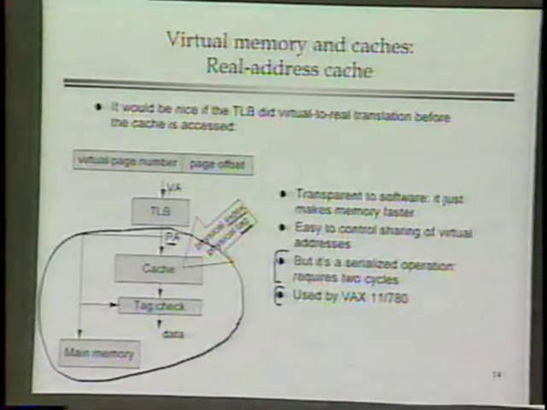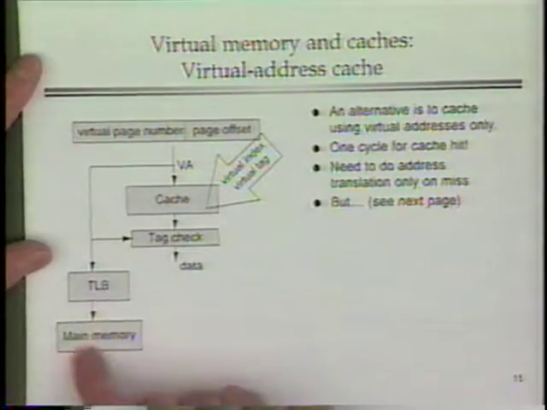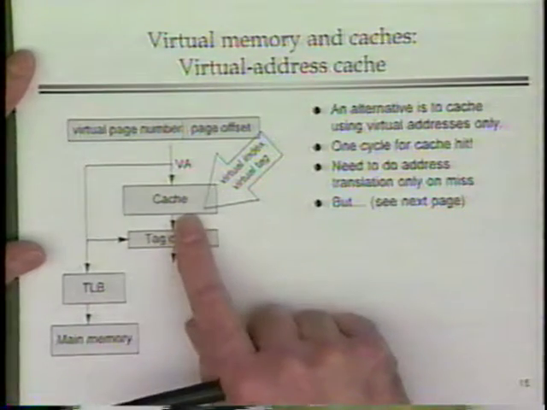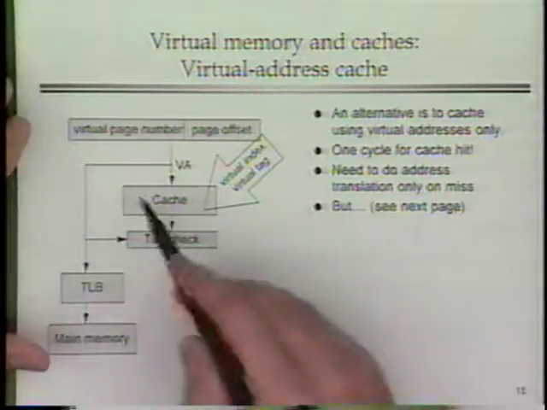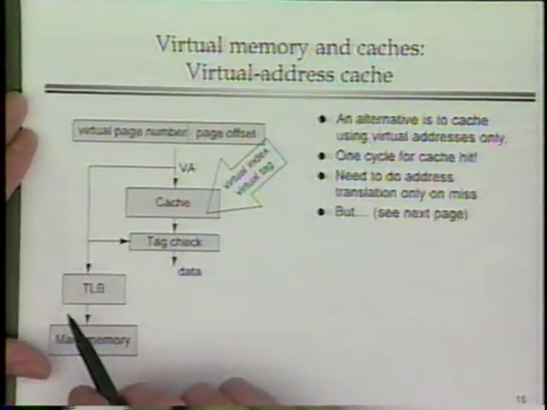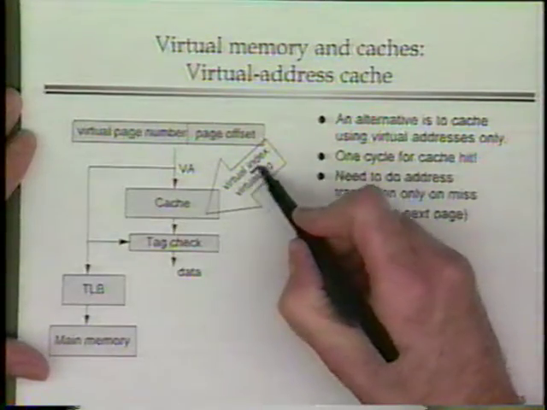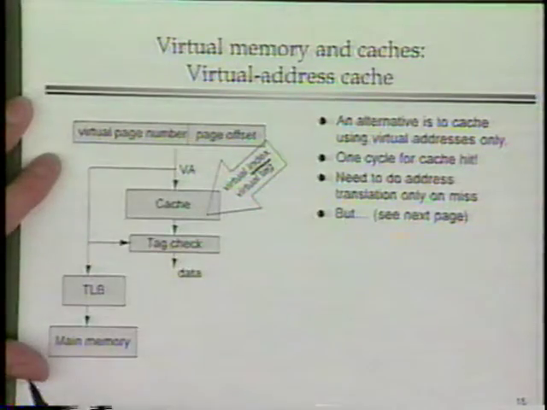So what can we do about that? Well, one thing we can do is to do the cache first, and put the TLB, the translation process, in front of main memory. And that means that what we're storing in the cache is all based on virtual addresses. We take the virtual address, and we look that up in the cache using some number of its bits, which may or may not correspond exactly to the virtual page number.